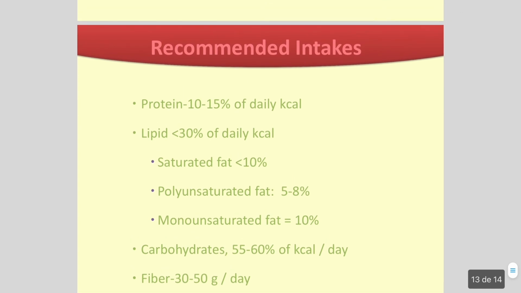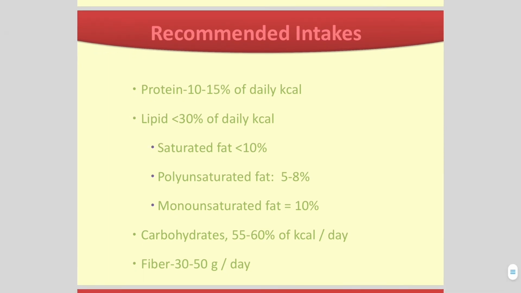Once we know the calories, later we can use the different percentages to calculate the proteins, the lipids, the carbohydrates. We would advise as professional healthcare. Remember, we saw in previous units that proteins are more or less 10-15% of the diet.